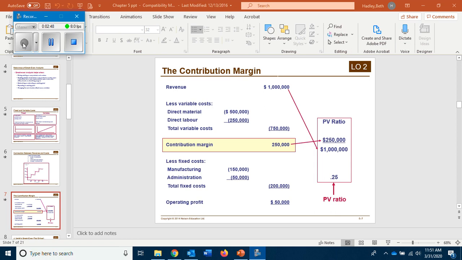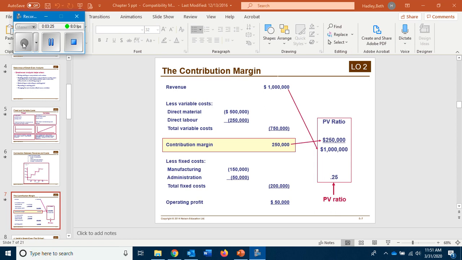Okay, and if you look over on the side where it says PV ratio, that is the profit volume ratio, and it's the same thing as where we did our vertical analysis before. If we were trying to come up with the percentage on revenue, 1 million divided by 1 million gives us 100%. If we looked at their variable cost, 750,000 divided by the 1 million gives us 75%.